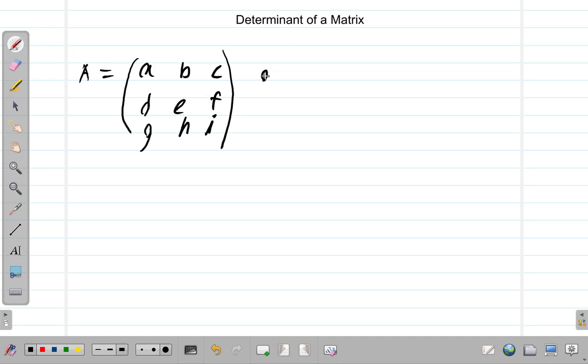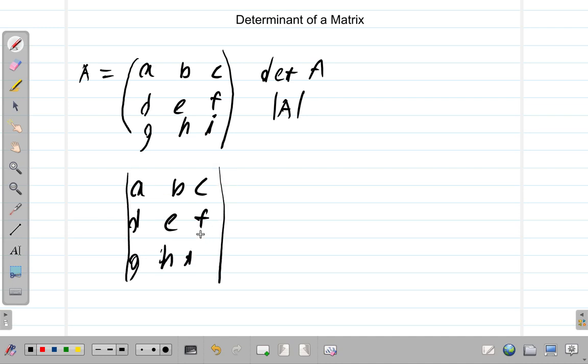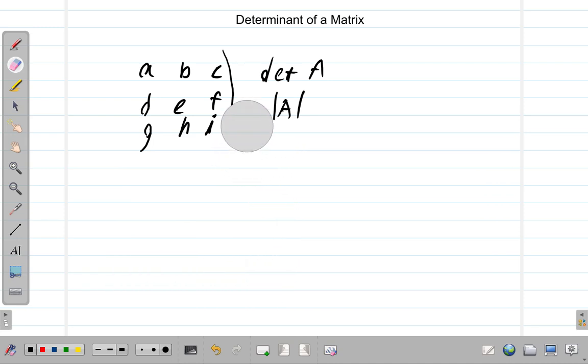The determinant you could write as det A, or you could write A with the vertical bars. Or if you see a, b, c, d, e, f, g, h, i with the vertical bars on each side, it means the determinant. Let's write it like that and see if we can find out what the determinant of this matrix is.